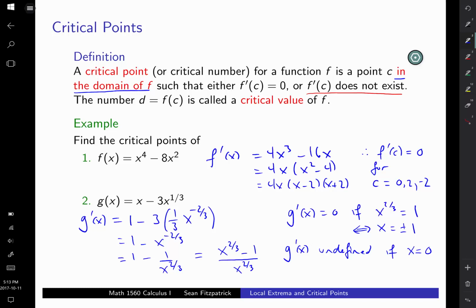And if we plot this, let me see if we can get that plotted to see what it looks like.